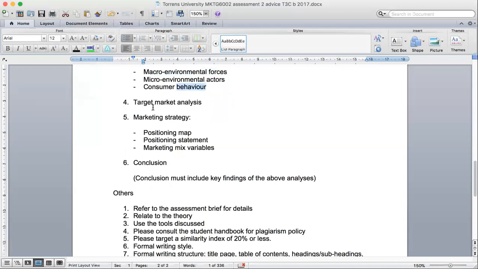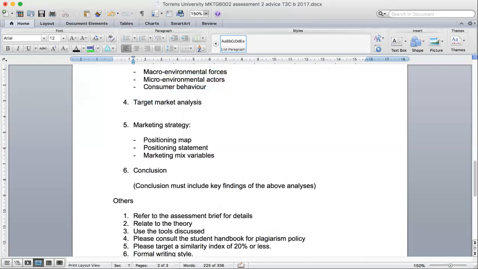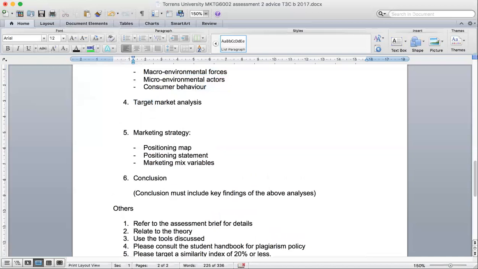Okay, now the next one is target market analysis. Target market analysis is interesting. Okay, if you write, very likely your analysis revolves around the consumer market. Okay, therefore, please use 4 segmentation variables. You can also use, this is recommended, the Roy Morgan value segment.